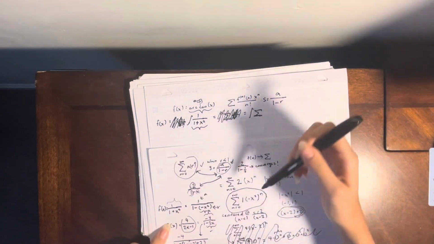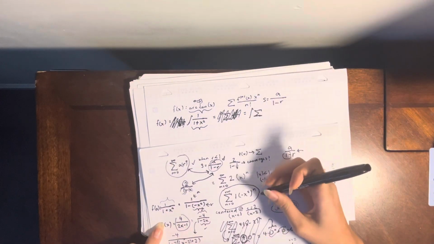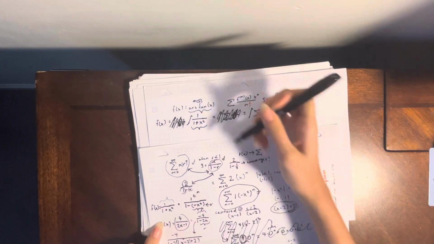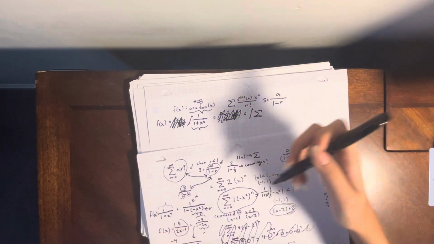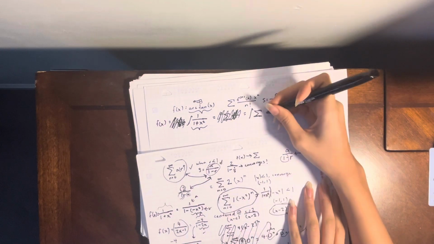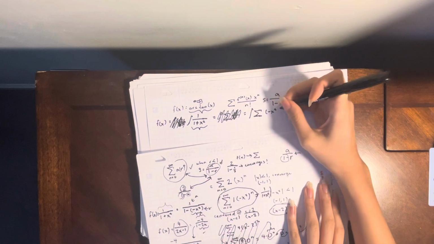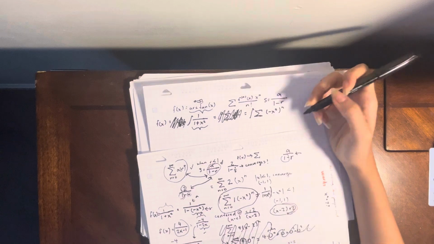Now we can plug this in place of this, because these two are fundamentally equal. So this is going to be negative x squared to the power of n.